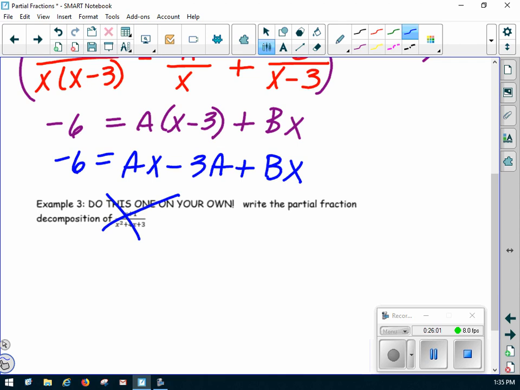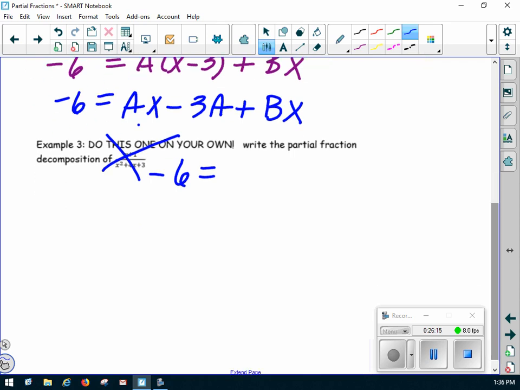Questions here? Listen, I'm going to have to keep writing down here, so that's why I marked through that. So we're going to have negative 6 equals, if we combine our like terms, what's this next line going to look like?